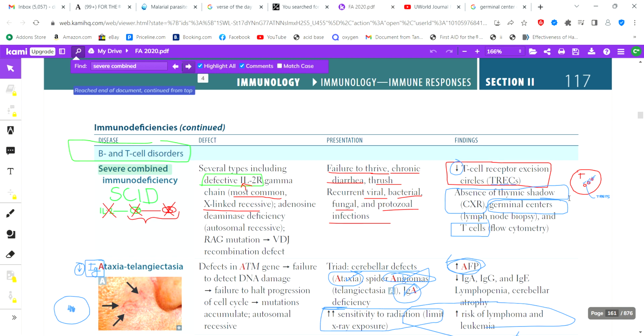Injected Candida antigens are taken up by APCs, which are the dendritic cells and macrophages. These macrophages display the antigen on MHC and present it to CD4 cells.